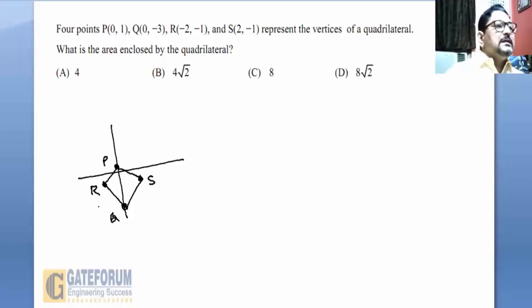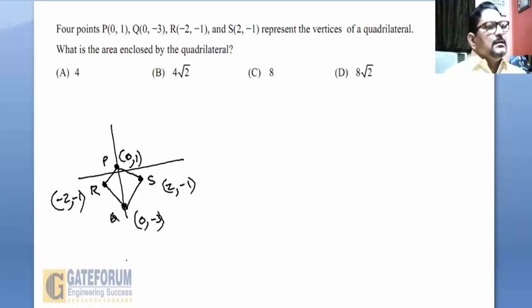And hence the coordinates would be coming in this order. Most of us would make a mistake in this particular stuff, so we should always be a little bit careful about this.